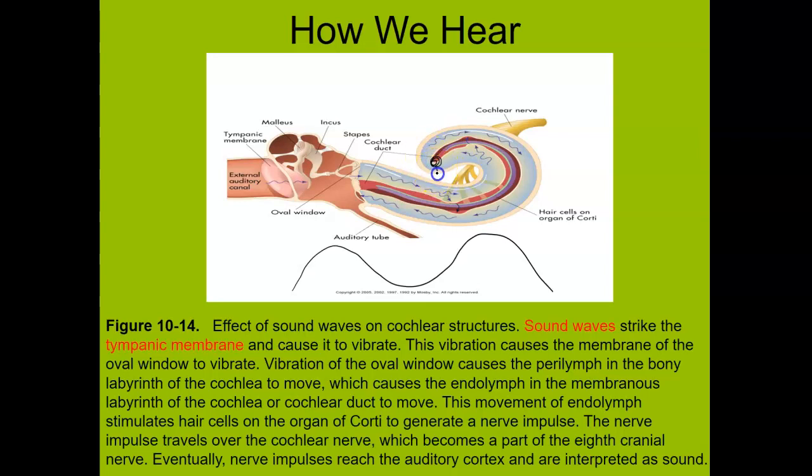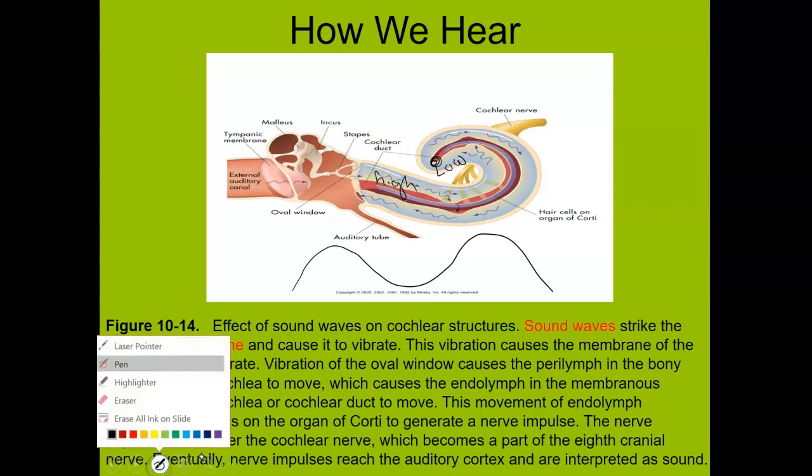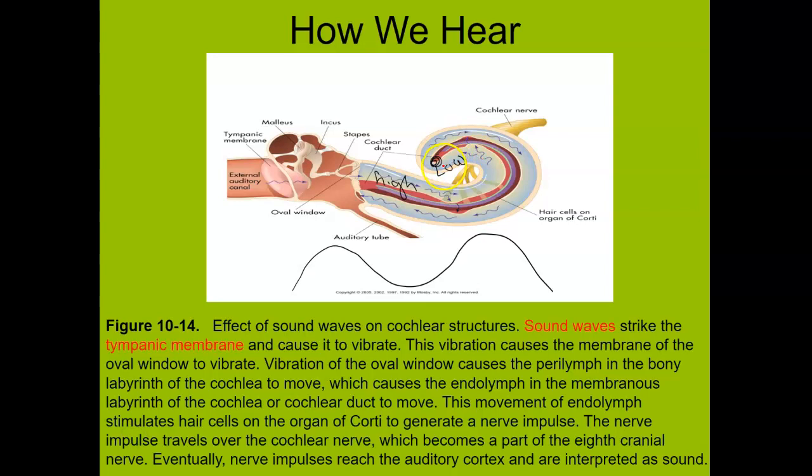So you hear low sounds here, and you hear high-pitched sounds over at the beginning. So that's what the tuning is, okay? Low-pitched sounds at the tip of the cochlea, and high-pitched sounds are detected by the base of the cochlea.